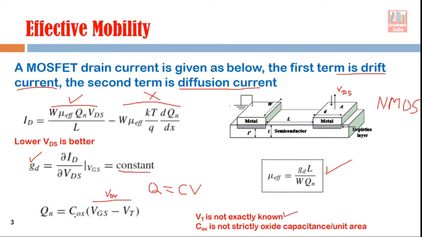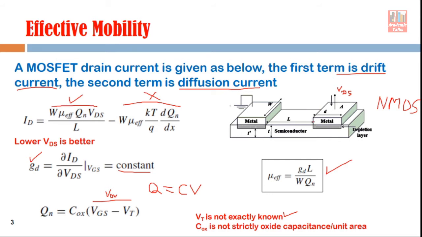Second thing, when we talk about this oxide capacitance, this is not strictly oxide capacitance, right? Cox is not strictly oxide capacitance, because when we measure capacitance in the case of a MOSFET device, that measured value is not only the oxide capacitance value, because it contains many capacitive components.